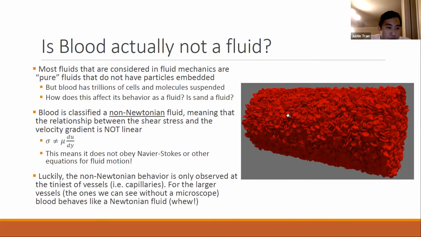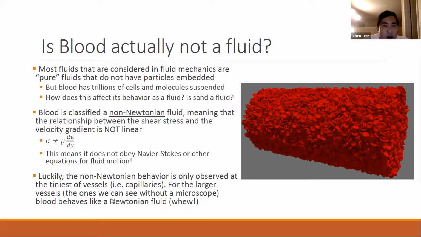But the lucky thing for us, and especially for CFD engineers everywhere, is that this non-Newtonian behavior, the fact that blood is shear thinning, is only really observed in the tiniest of vessels, the capillaries. When we're doing simulations on the aorta or some of the bigger vessels, assuming that blood is Newtonian is pretty reasonable. There are a lot of experiments and data that suggest this is a reasonable assumption.